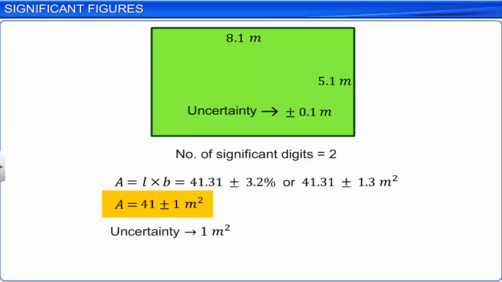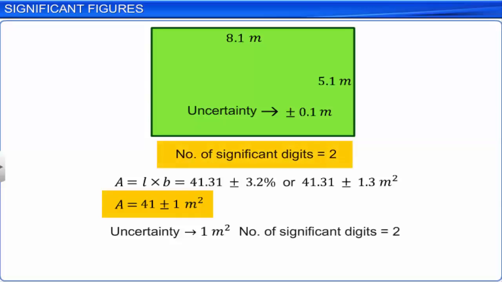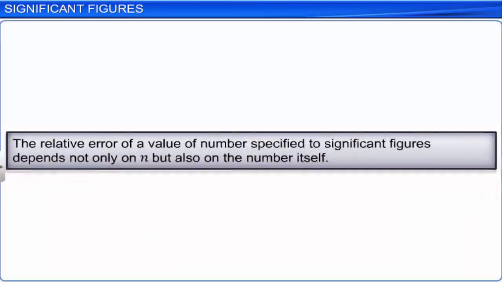Thus, the result also has 2 significant digits, which is same as the original data. Rule number 2 says that the relative error of a value of a number specified to significant figures depends not only on n but also on the number itself.